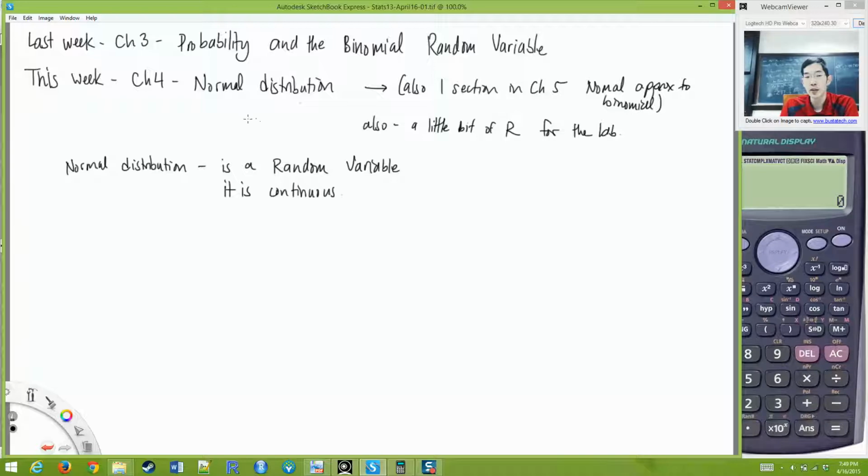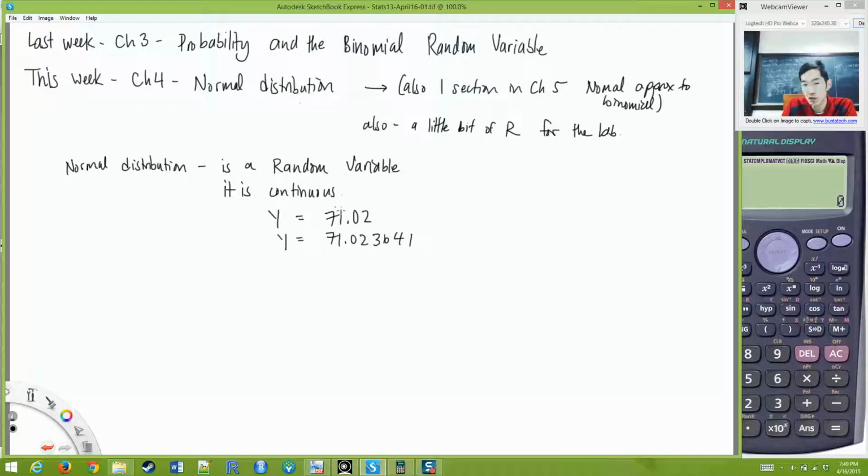Okay, the normal distribution is continuous, so it can take on any value to any degree, with an infinite number of decimals. So y could be equal to 71.02. It could be equal to 71.023641, and these are all possible values from the normal distribution.